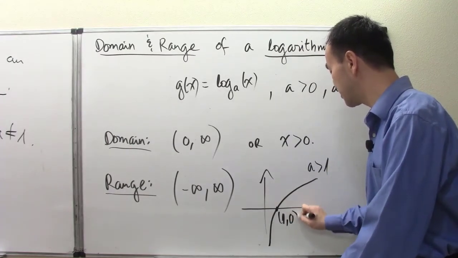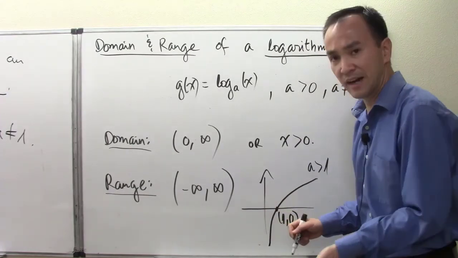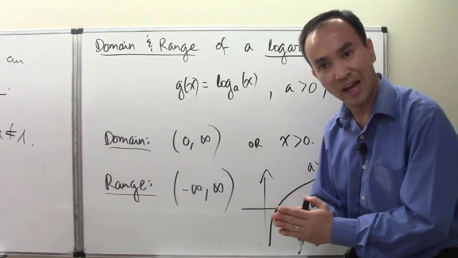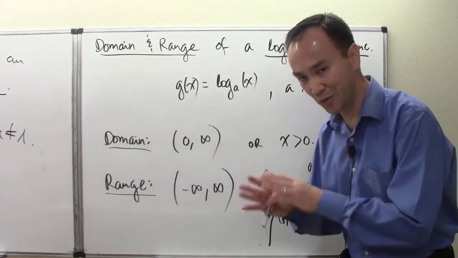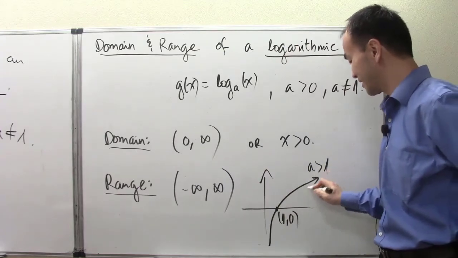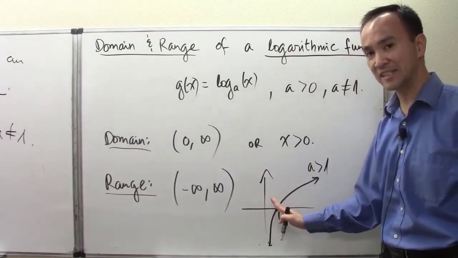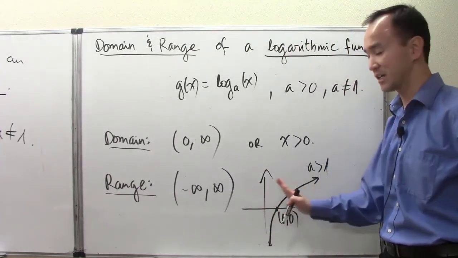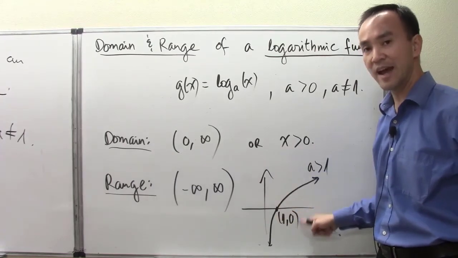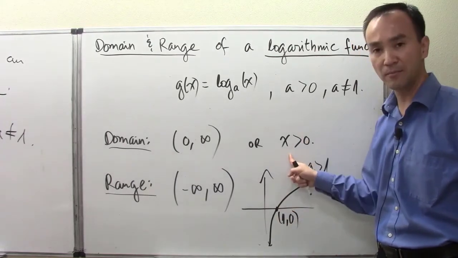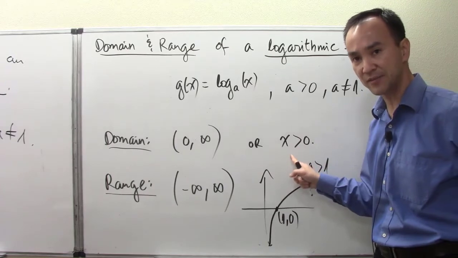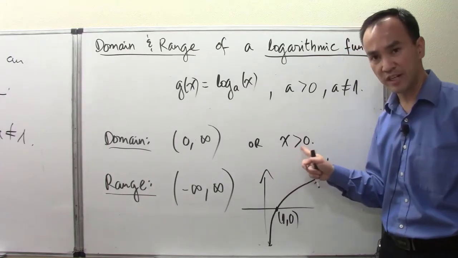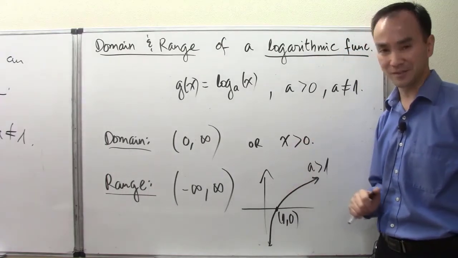And I did yell out loud earlier, the graph stays completely to the right-hand side of the y-axis. That indicates the inputs can only be positive. Any x value that we're using can only be positive.